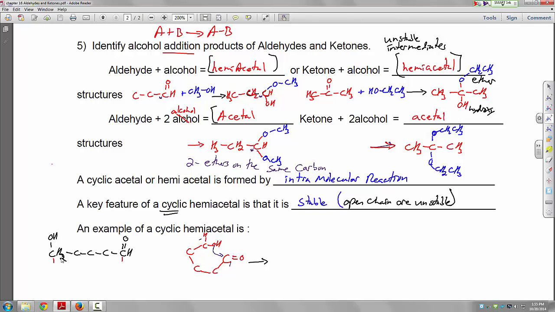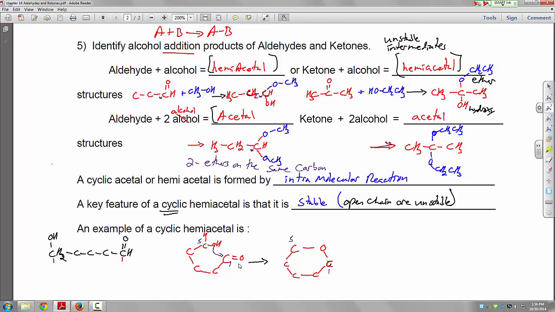And we end up making a 6-membered ring now. This oxygen here, where this little purple line is going, becomes part of the ring. So here's our carbon, oxygen, carbon. That's an ether bond.